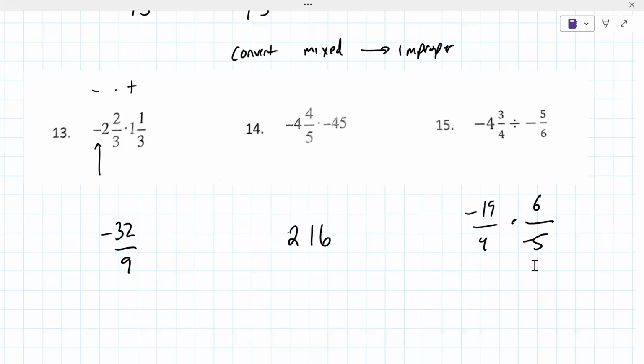Oh, so then it would be 19 times 5, divided by 2 each.